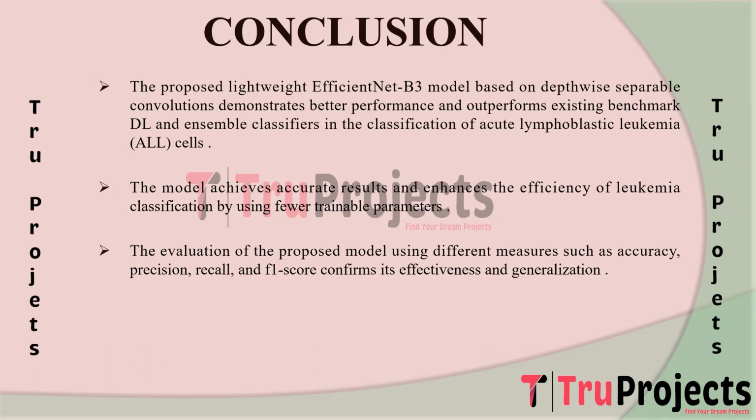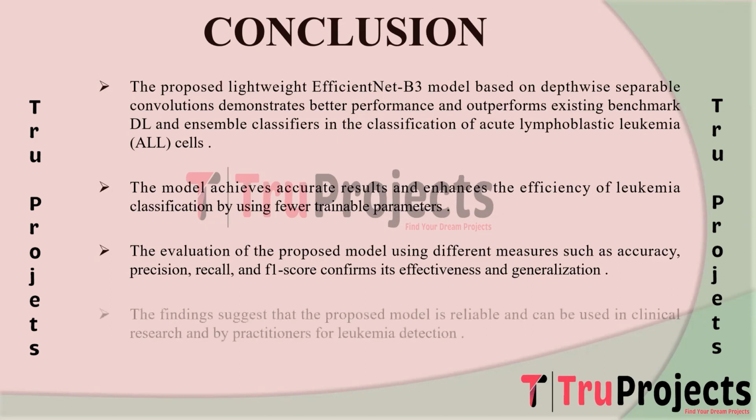Recall is the proportion of correctly identified positive cases out of all actual positive cases. F1 score is the harmonic mean of precision and recall, providing a balance between the two. These evaluation metrics collectively confirm that the proposed model performs well across multiple criteria, showcasing its ability to achieve accurate and reliable leukemia cell classification.